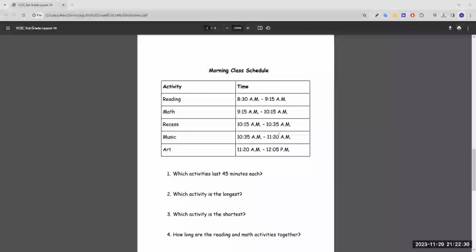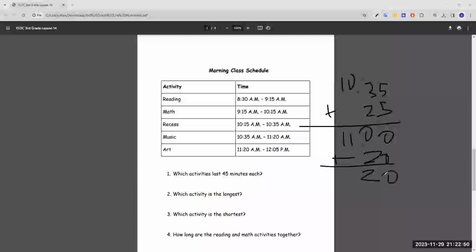To get to 11 a.m. from 10:35, we would add 25 minutes. That gets us to 11. And to get to 11:20, we have to add 20 minutes. Adding 25 plus 20, that gets us to 45. So reading and music would work.